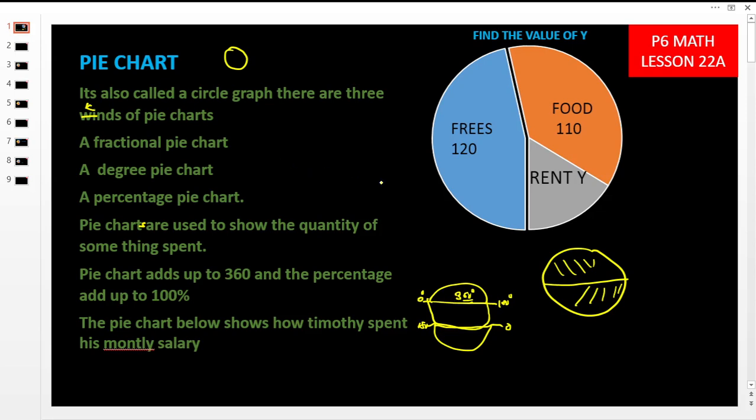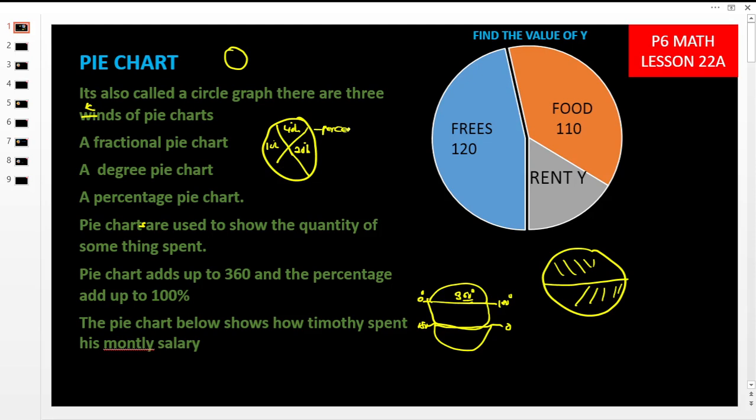And again we have what we call percentage pie charts. For example, I can get my circle graph and divide it in terms of percentages. I put here 20, then I give this one 40, I give this one 10, I give this one maybe y. So this is what we call a percentage pie chart.